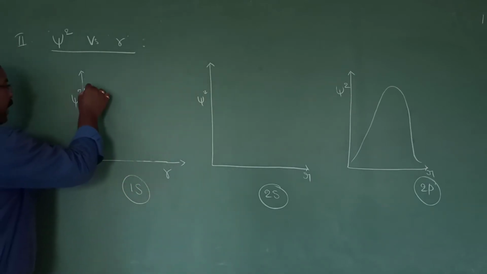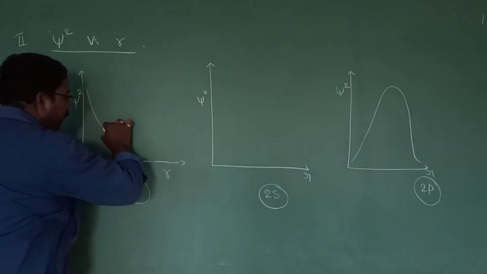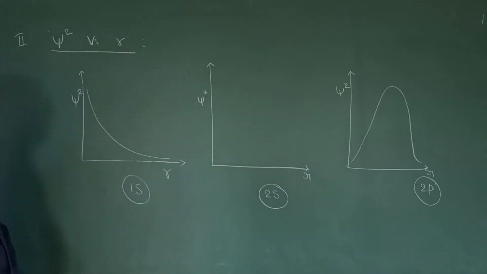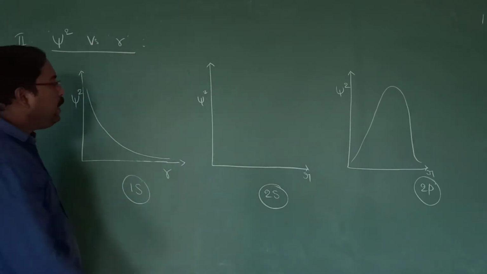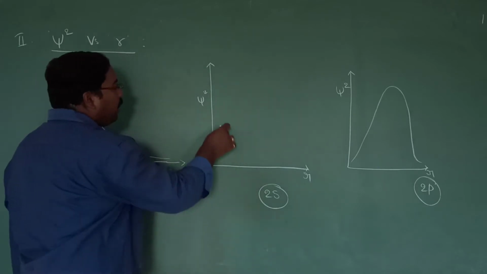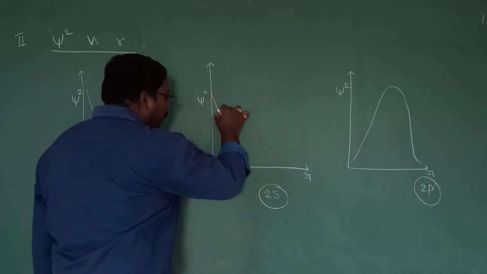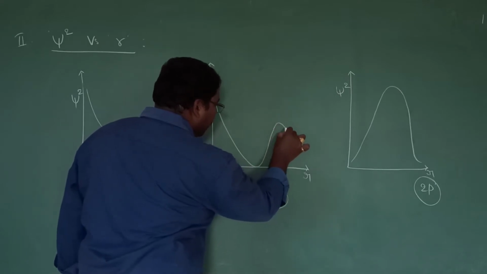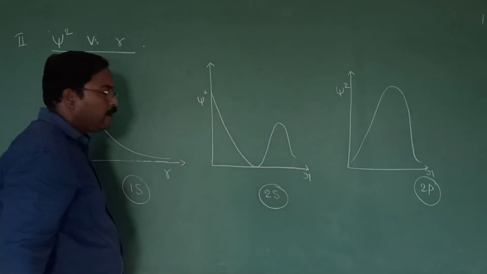In the same way as the previous graph, here also for the 1s orbital we will get it in the same manner. But coming to the 2s orbital, we are getting the graph like this. Okay?